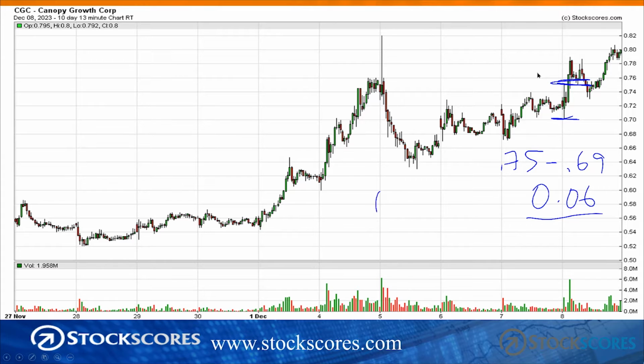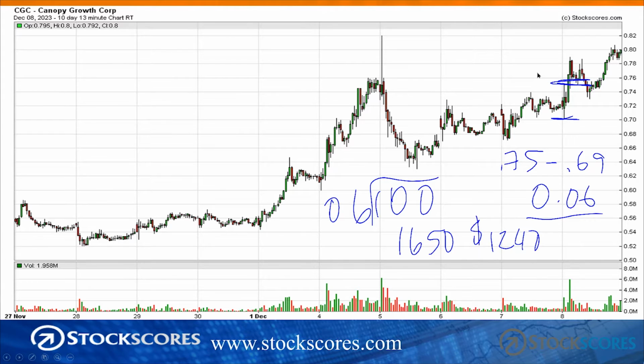So for every $100 of risk that I want to take, I'm going to buy 1,650 shares, which has a cost of about $1,240. So $1,240 for every $100 of risk is what you have to put into that stock.